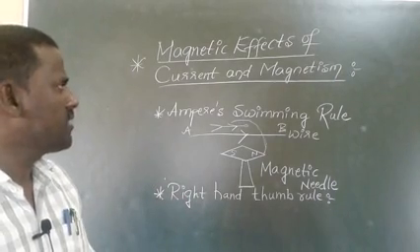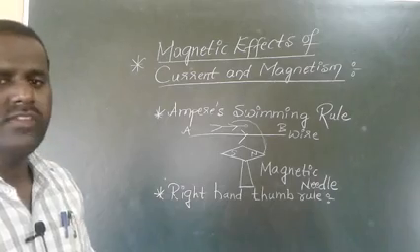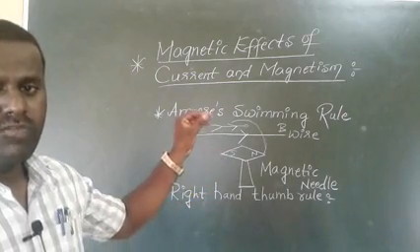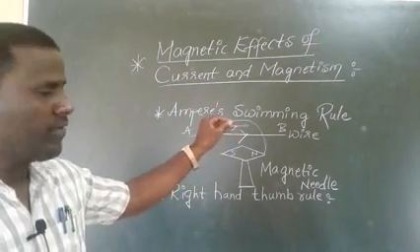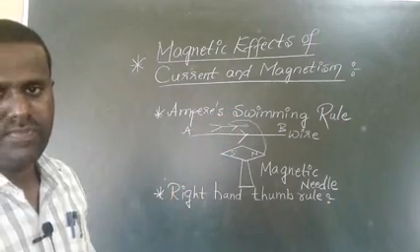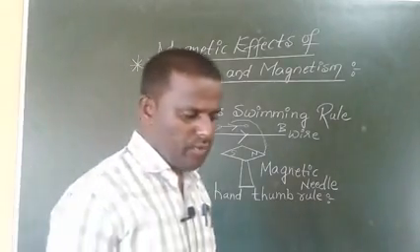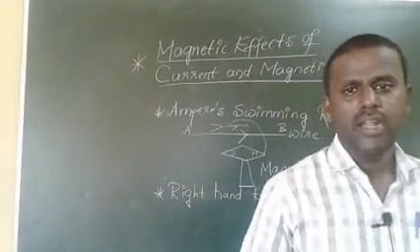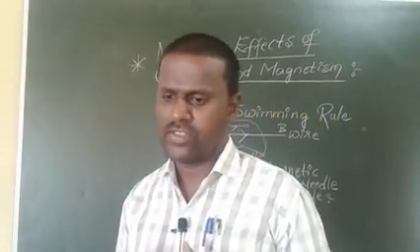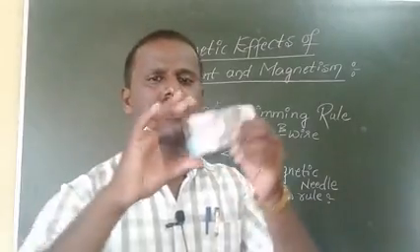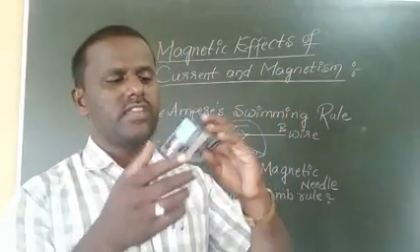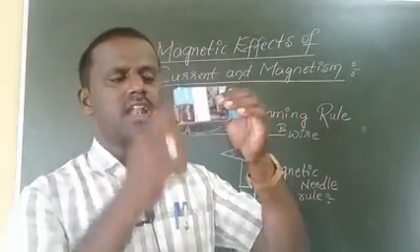Magnetism is the phenomenon which makes you feel magnetic effects or magnetic field, right? First I want to tell you about magnetic field. Magnetic field means this is the space. Here this is the conductor, and this conductor is carrying the electric current.